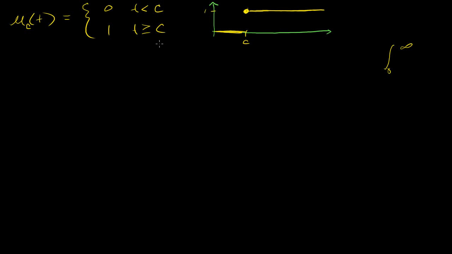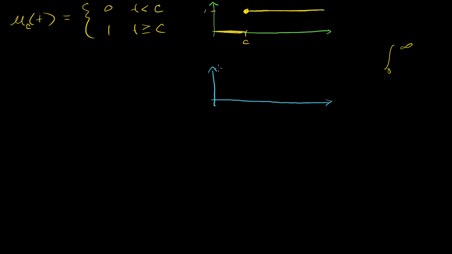So the first question is, well, what if something doesn't jump just like that? What if I want to construct more fancy step functions? Let's say I wanted to construct something that looked like this. Let me say this is my y-axis. This is my x-axis.